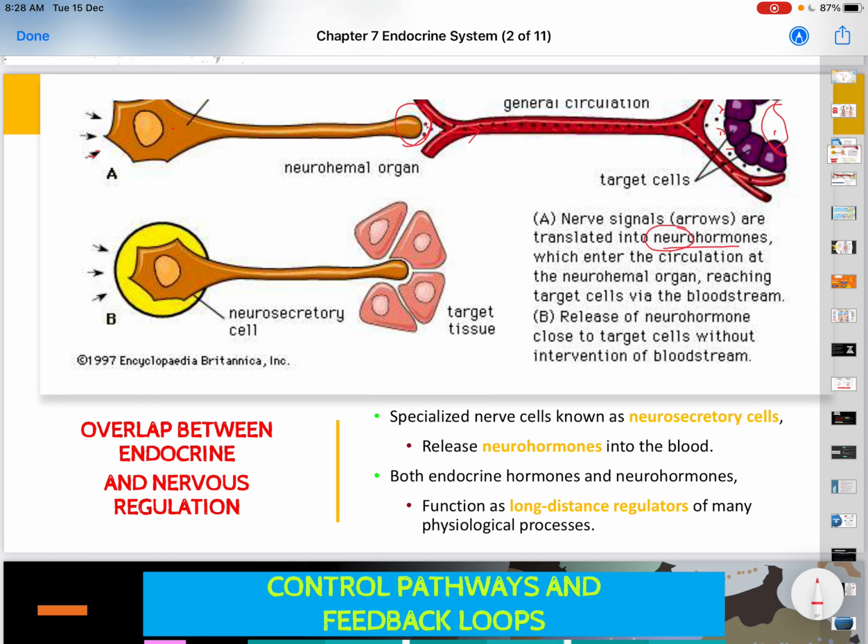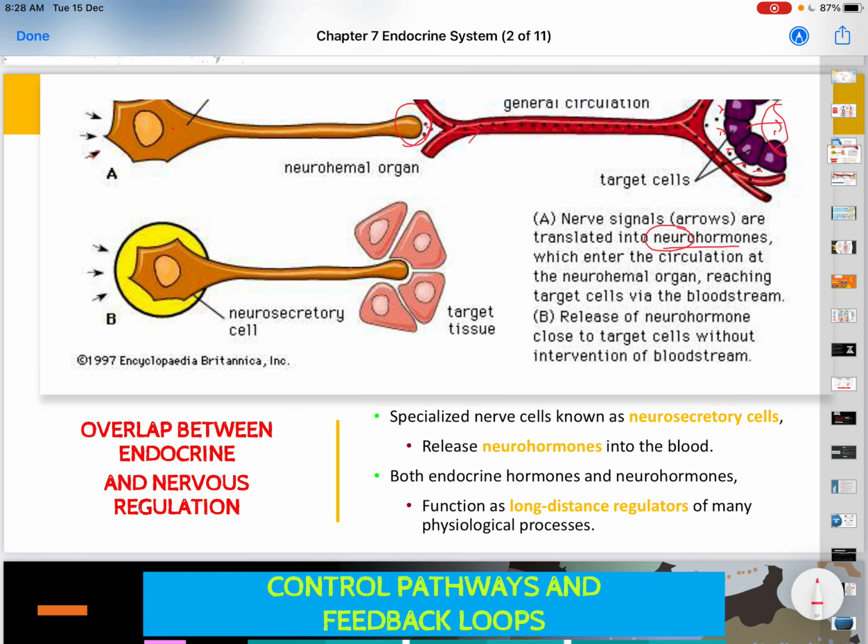This receptor will receive the neurohormone, and then this target cell will do another action: either it secretes a hormone or it secretes another chemical messenger. So the neurohormone enters the circulation at the neurohormone organ, reaching the target cell via the bloodstream.